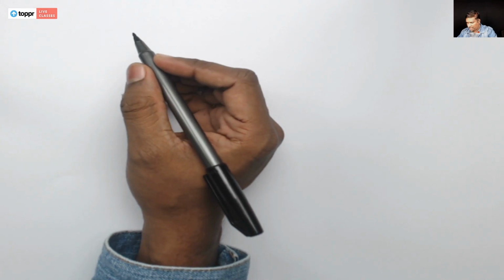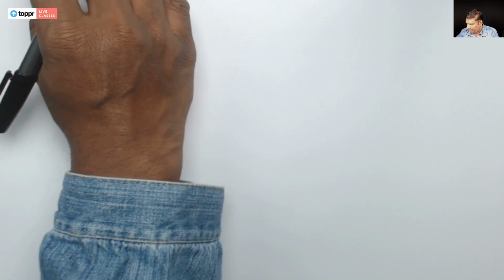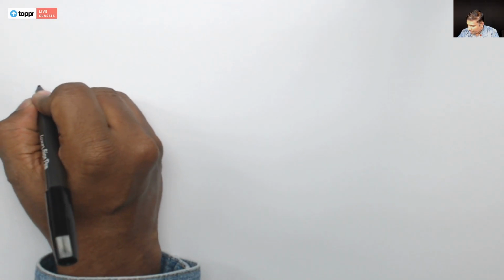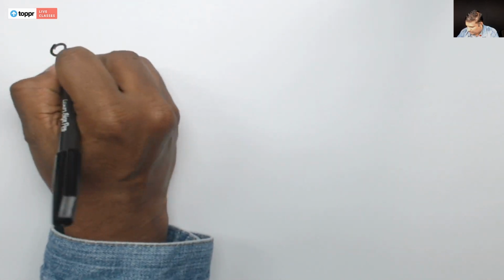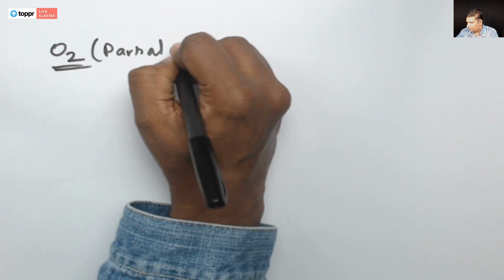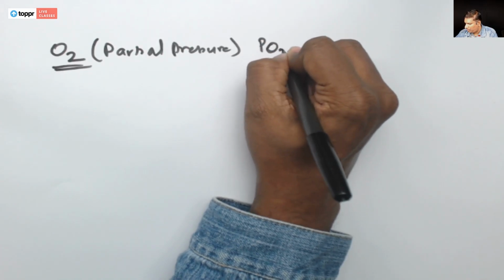Let's look at the partial pressures that we actually find in the various regions in the body. Okay, partial pressures of oxygen and carbon dioxide. So if we take oxygen, for instance, let's look at the partial pressure of oxygen. And partial pressure is simply represented by PO2.